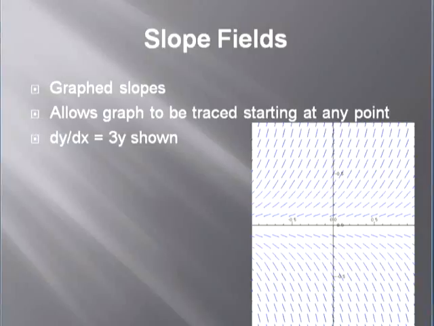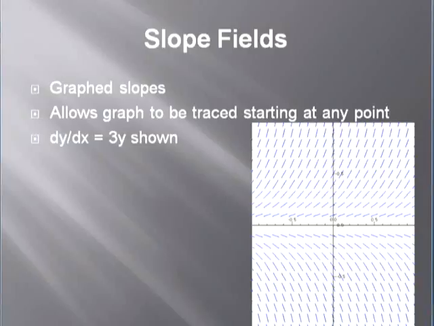And here I have the example of dy/dx equals 3y, and as you can see, the slope of the curve is determined just by y, because dy/dx is the slope, and so as y increases, the slope increases. And so as you can see on the graph, the slope of the curve at any of these points is 3 times the value of y at that point.